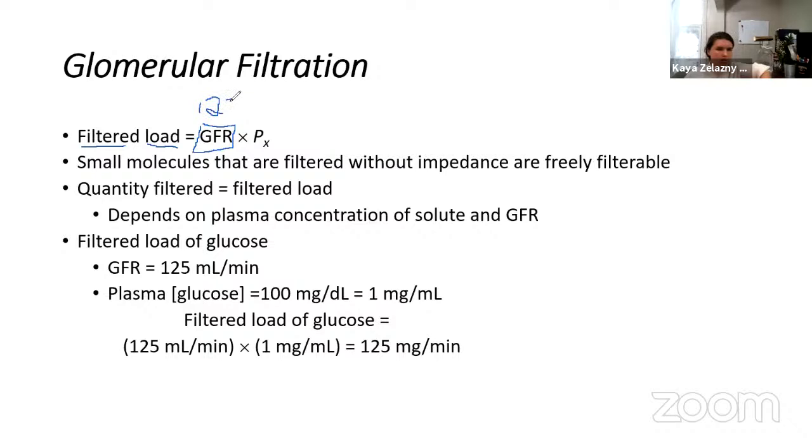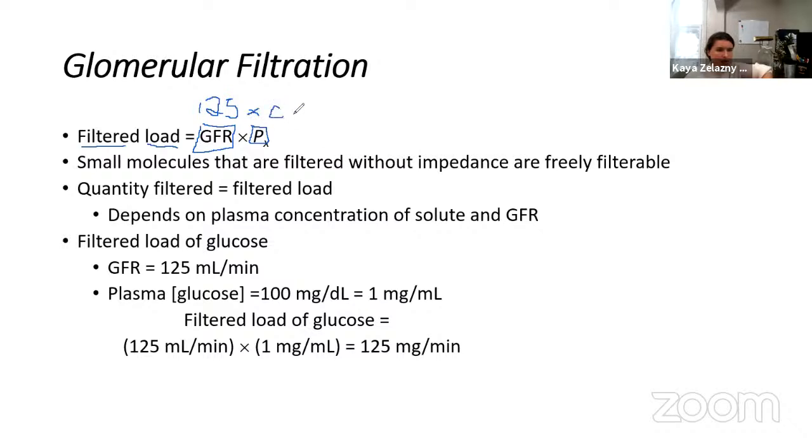and multiply that by the plasma concentration for whatever molecule we're tracking. We often do this with glucose specifically, but we can do it with other molecules as well. To calculate our filtered load of glucose, we would take that typical glomerular filtration rate of 125 and multiply it by our concentration of glucose.